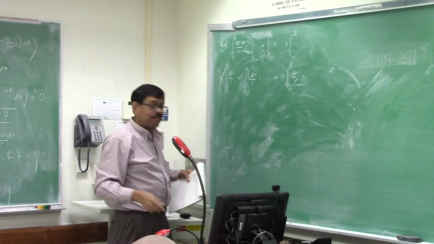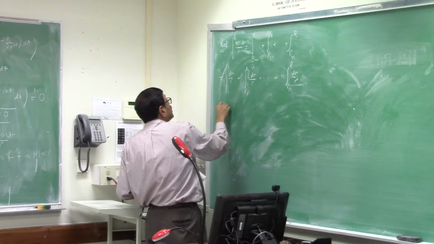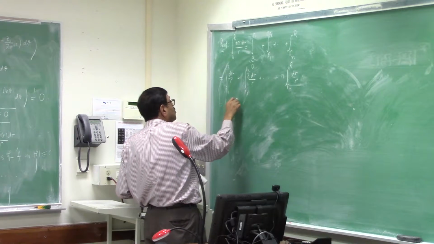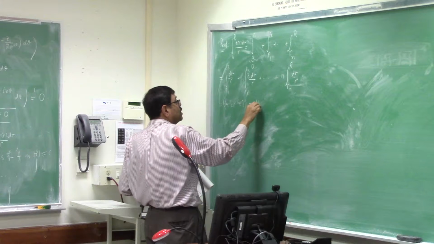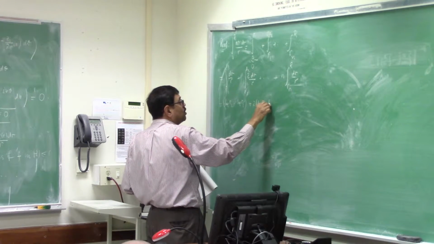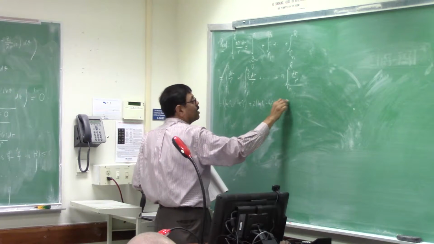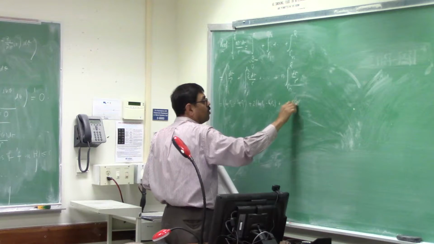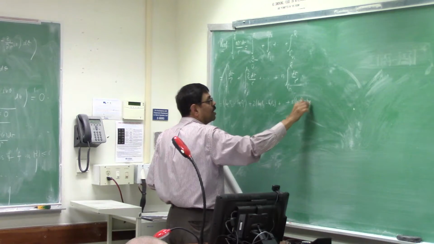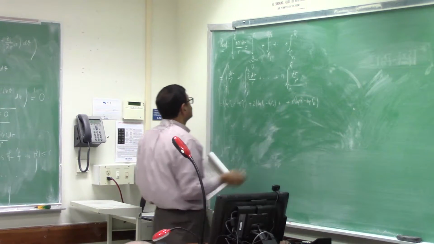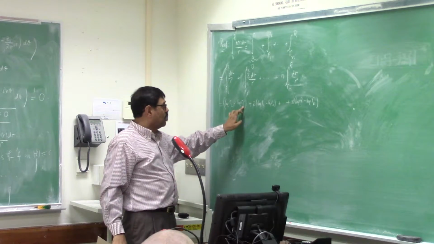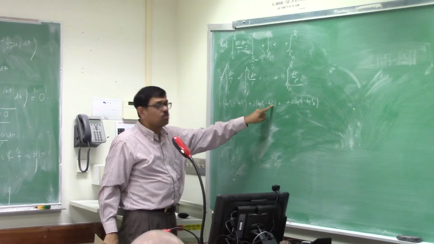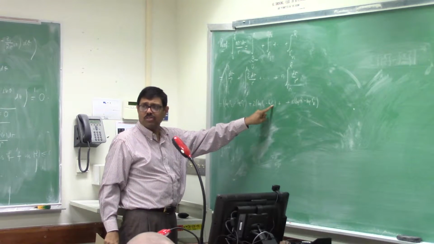Now this is easy to evaluate. This is log R2 minus log R1 plus 2 times log R3 minus log R2, and so on, plus n times log R minus log Rn. So you see here, I got a minus log R1, log R2 minus 2 log R2 is a minus log R2, and so on.